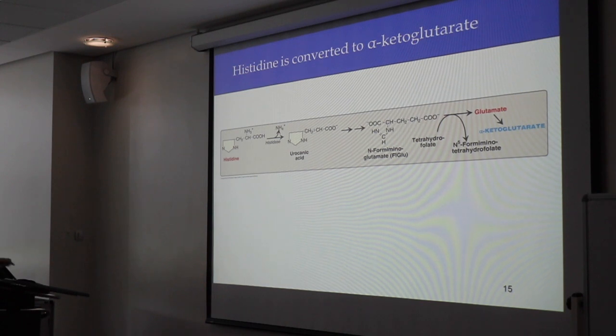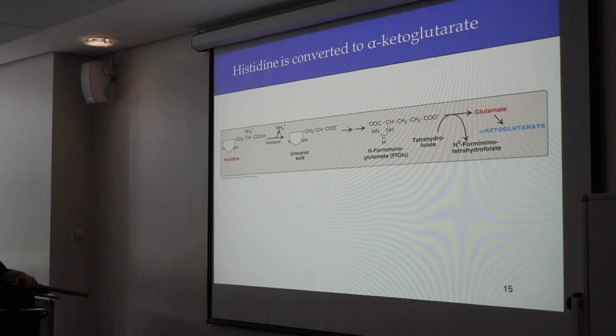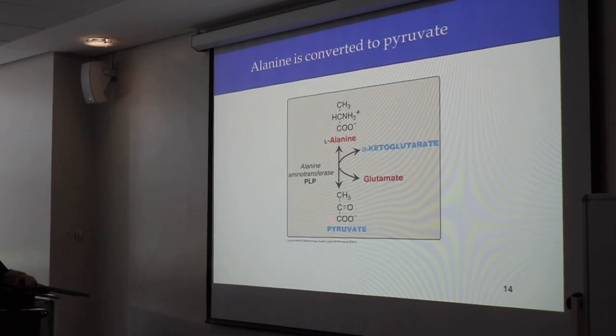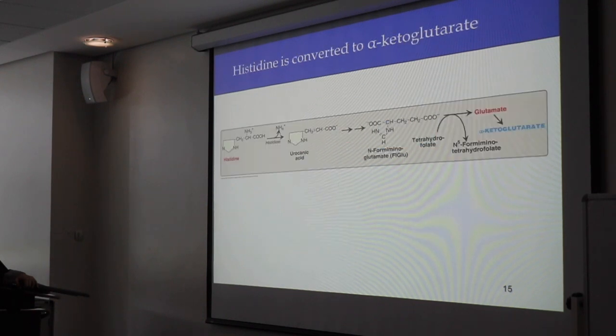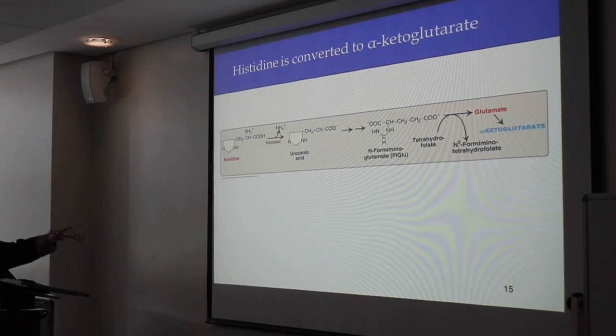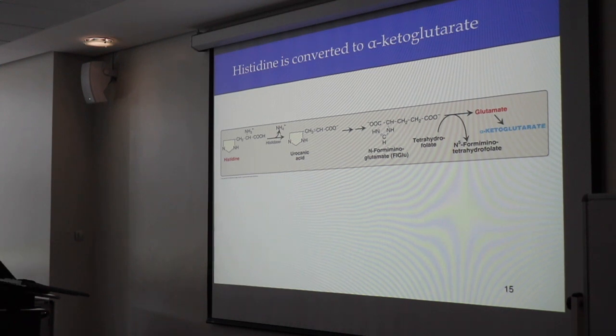And I will test you on them. But for you, you are not required to know these steps, just to give you an example that it's not always a one-step reaction to make the intermediate of the Krebs cycle. Many enzymes and many steps are required before you can produce a precursor of glucose.